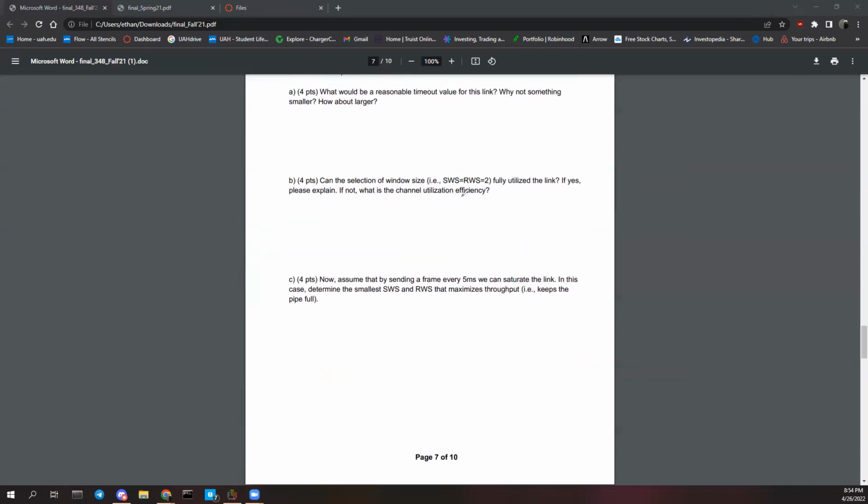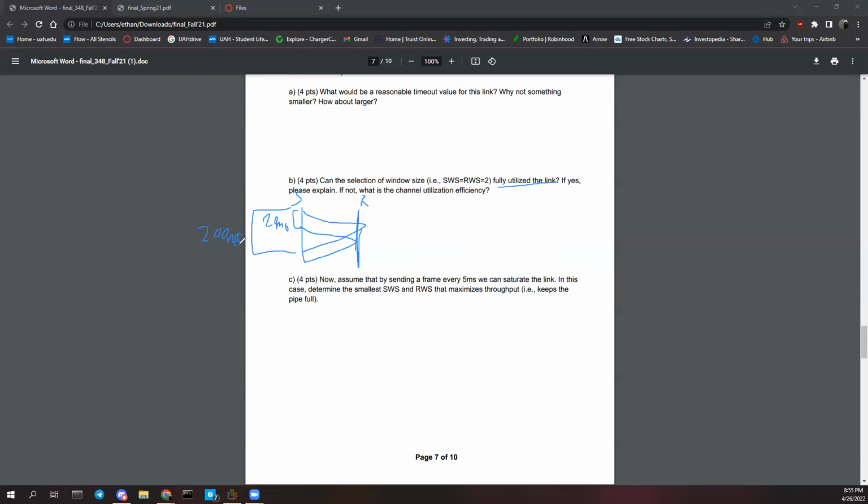Can the sending window size equal to 2 fully utilize the link? If yes, please explain. So he draws a diagram to help with this. So we have S, we have R, and we have a send, a receive, and a send, a receive. He notates that this, as mentioned in the question, is a 20 millisecond delay between sends and a 200 millisecond delay for the total send-receive RTT of a system.